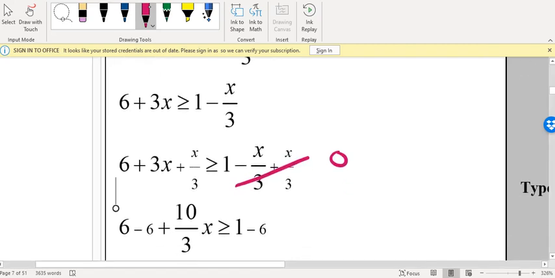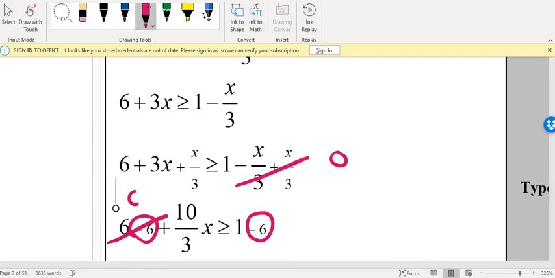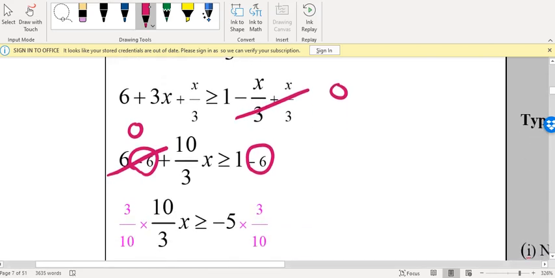In the end you have 10 over 3x. After that get rid of 6 by having minus 6 on both sides, and this one will be 0. After that simplify it, you have negative 5. How to get rid of the coefficient? Because this is multiply, as I mentioned just now, you will divide.